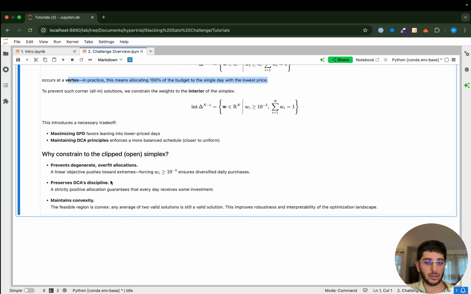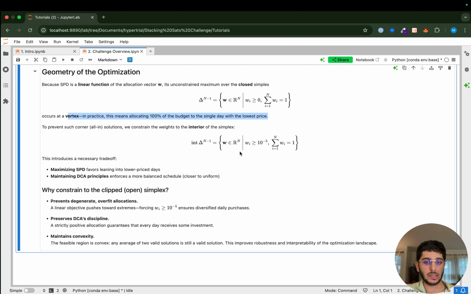And one other cool property is that because this feasible region, this simplex, regardless of the closed simplex or the open simplex, is a convex space, we can take any two valid solutions inside this feasible region and think of some linear combination of them such that the parameters sum up to 1, and that will also be a solution.